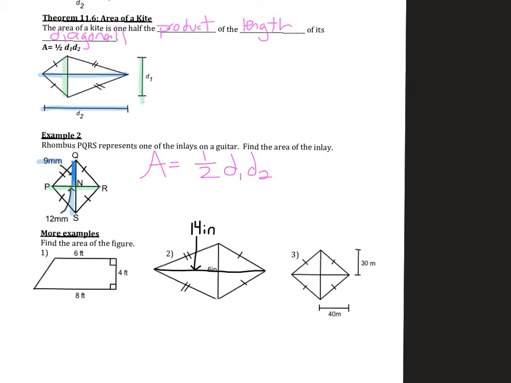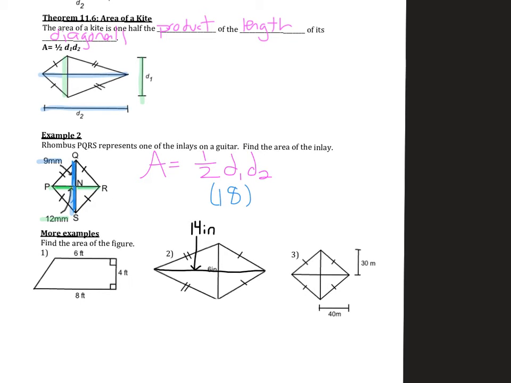Because this is a rhombus, we know that the diagonals bisect each other. So I also know this needs to be 9. So that D1 I'm going to be plugging in is 18. For the second diagonal, I'm told that this is 12, and that is just the distance from P to N only, just this distance.